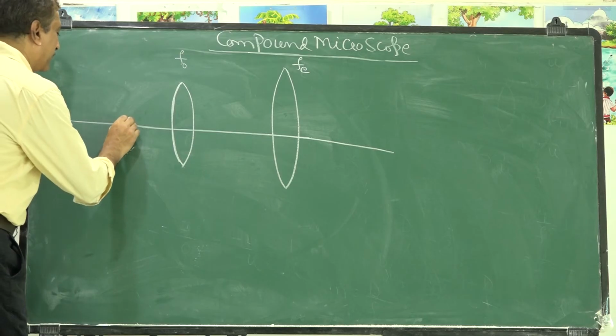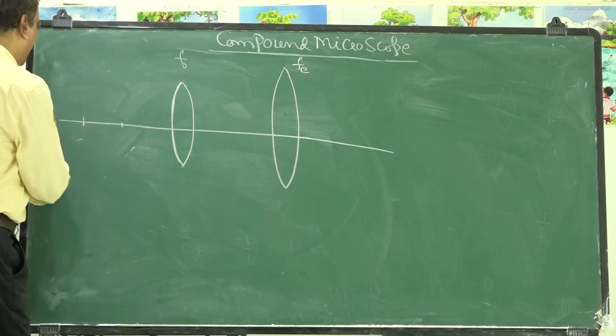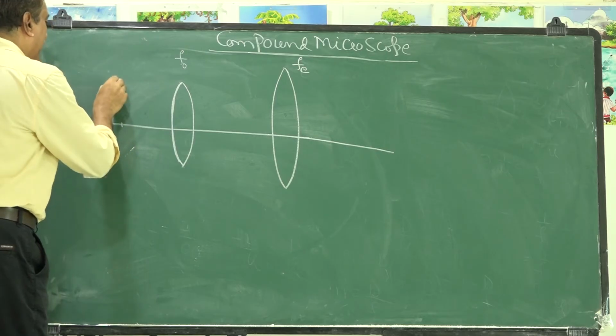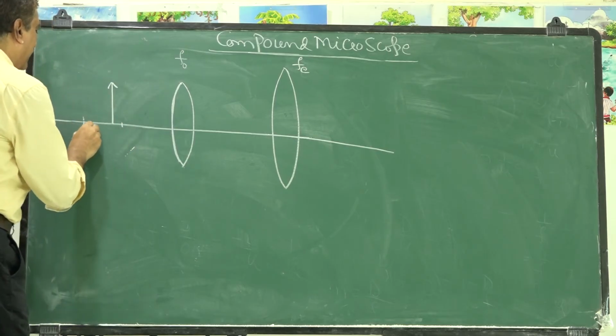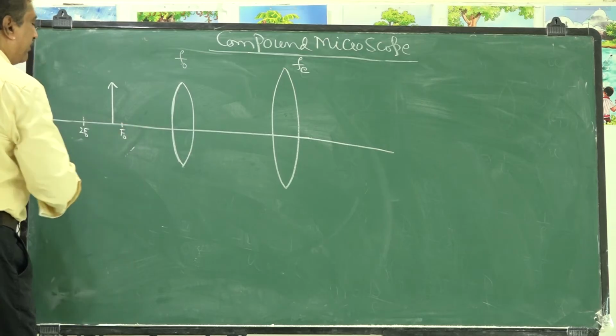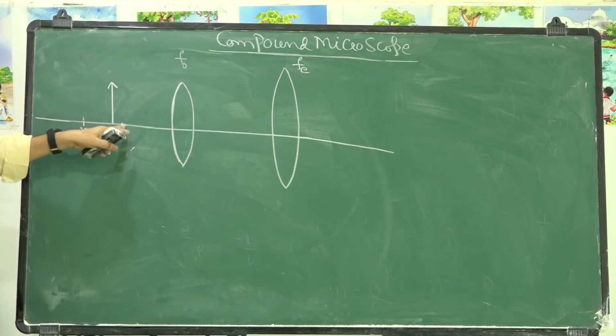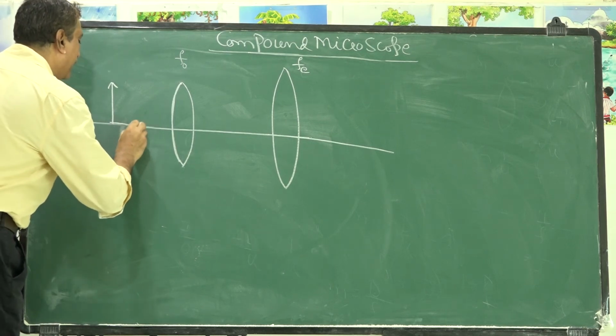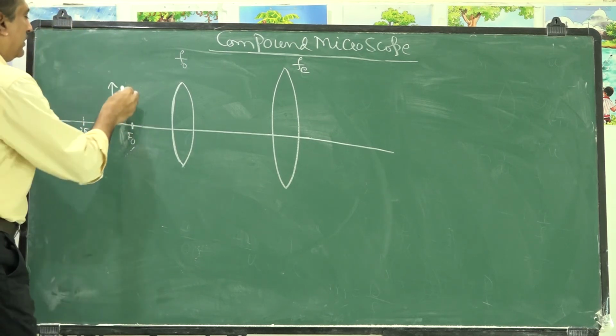Now, an object is placed in between the f and 2f of this objective lens, like this.